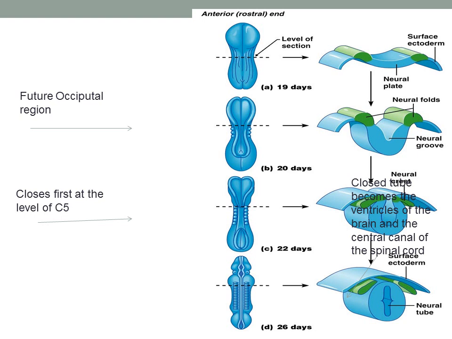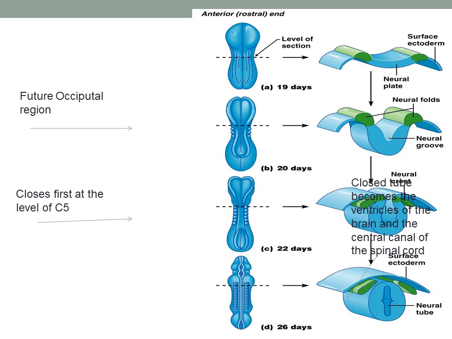Now, the closed tube of the neural tube develops into the brain and the spinal cord, and the opening in the center of the tube develops into the ventricles of the brain and the central canal of the spinal cord. And we'll talk about the fate of the neural crest cells as we go along.